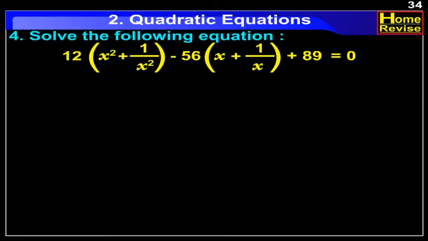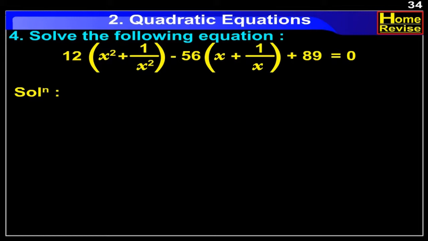12 into (x² + 1/x²) minus 56 into (x + 1/x) plus 89 is equal to 0. Solution.